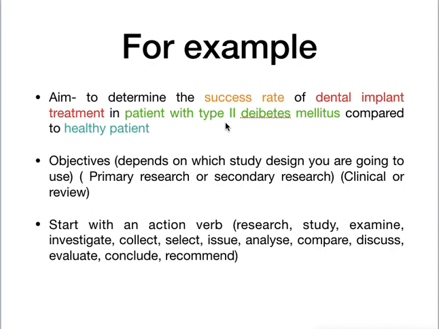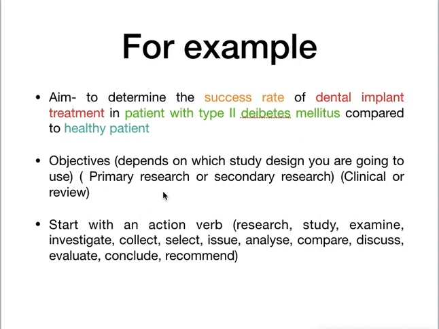When you write the objectives, it depends on what study design you are going to use. With that aim and with that research question, you can do clinical research, and also you can do a systematic review. Primary research means clinical research, and secondary means a kind of review.